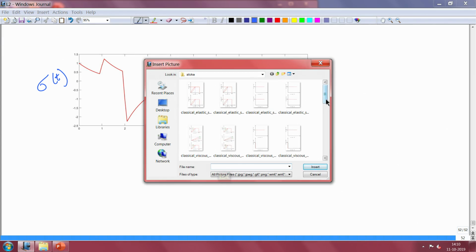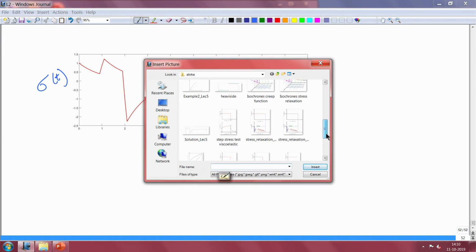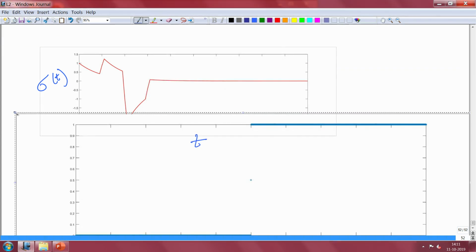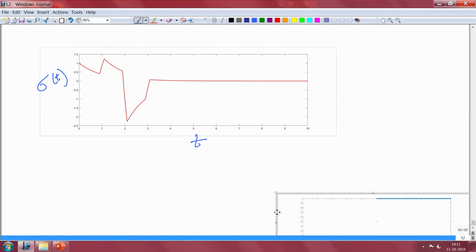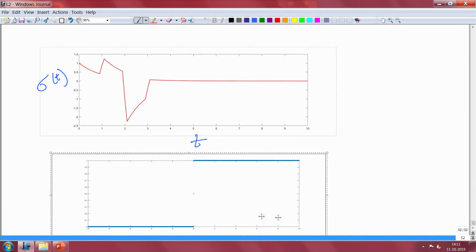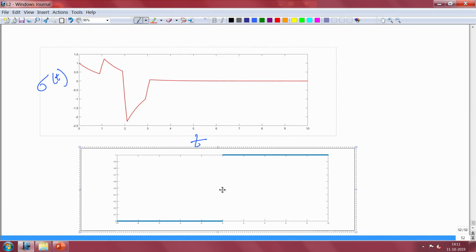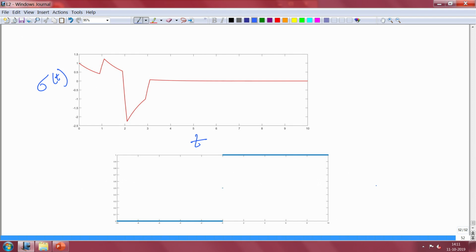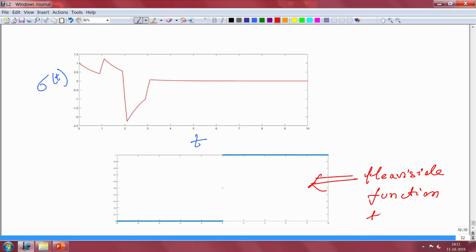It so happens that if you compute the Heaviside function in MATLAB, okay, so this is your Heaviside function, h of t, where t is 0 in this particular case.